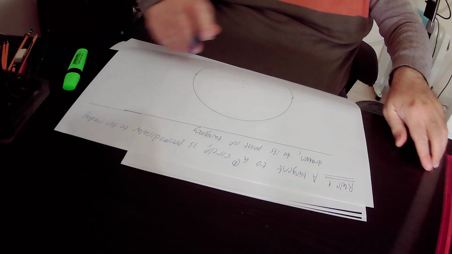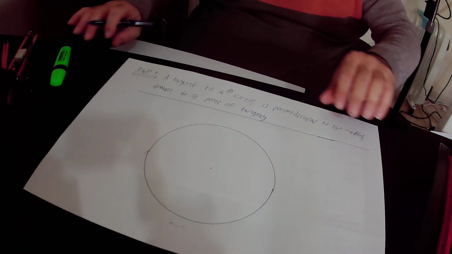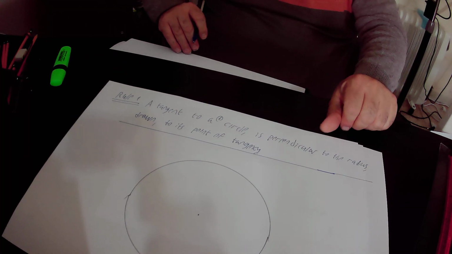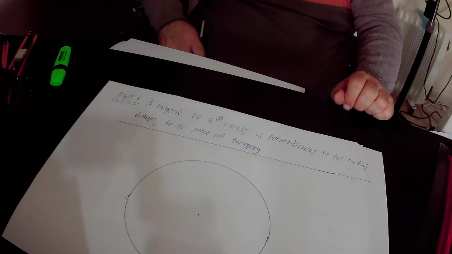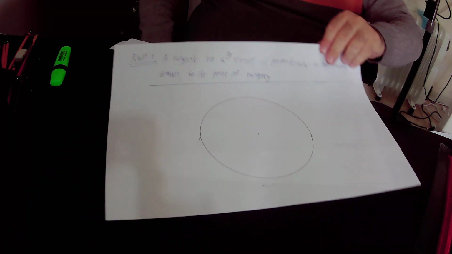So I read rule number 1 again. According to rule number 1, a tangent to a circle is perpendicular to the radius drawn to its point of tangency. So what is the meaning of rule number 1?